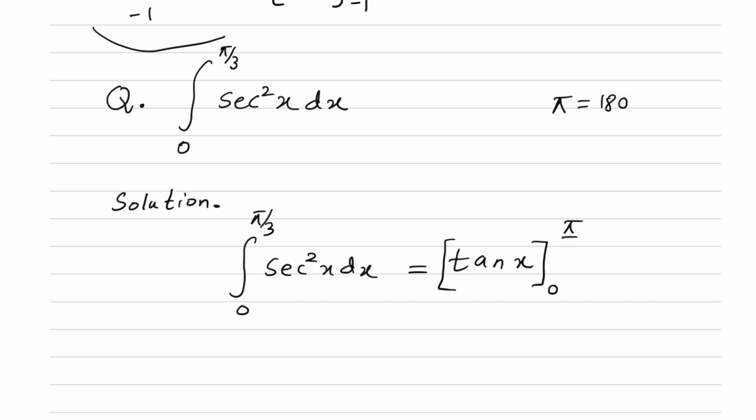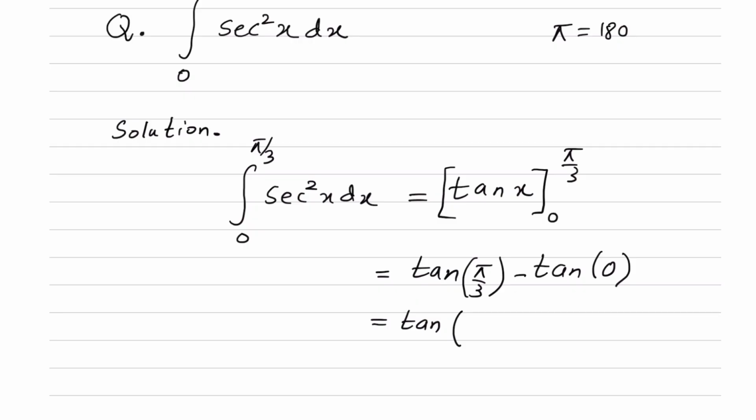So we have tan pi by 3 minus the same function but with the lower limit, tan 0. So since pi is 180, 180 by 3 is 60, minus tan 0. Tan 60 is square root 3, or you can find this value in a calculator. Minus tan 0 is 0, so your final answer is square root 3. Just know that a definite integral or an integral with the lower limit and upper limit will always give you an answer in the form of a number.